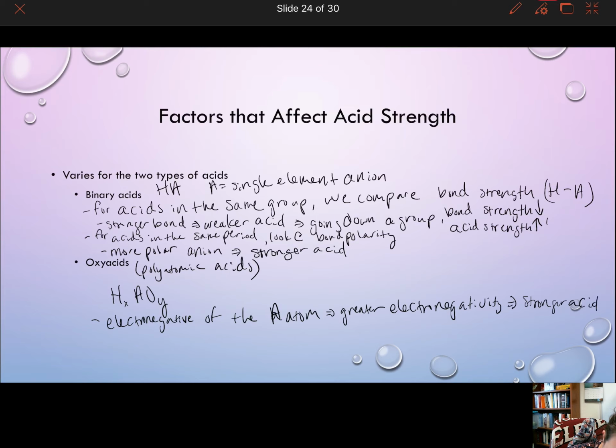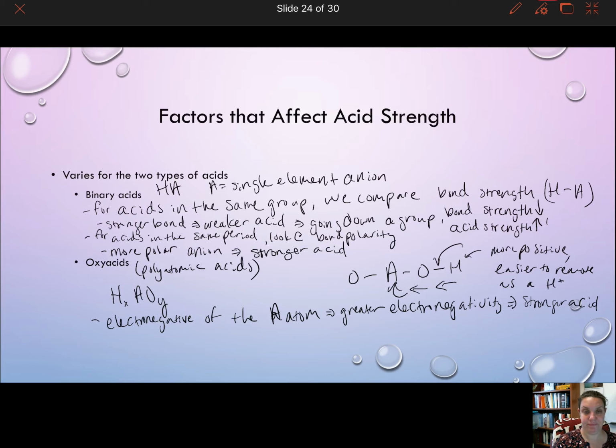Okay, it's usually something like this that you'll see, where they're looking at this bond strength. So as you increase the electronegativity here, it pulls electron density in that direction, which pulls electron density in that direction, which makes that proton more positive, easier to remove as an H+ ion.